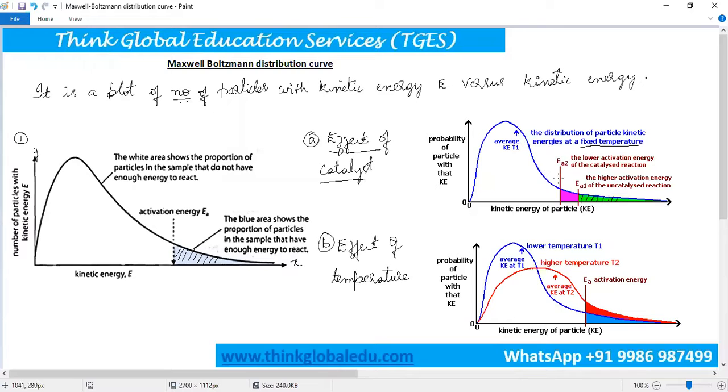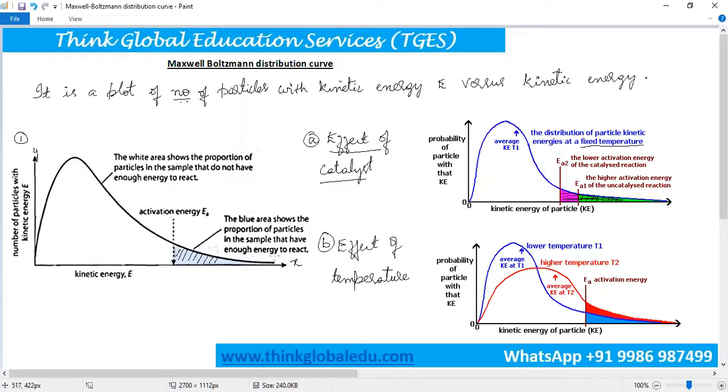But when we add the catalyst to the reaction medium, the catalyst will lower the activation energy, thereby increasing the number of particles that gain the energy to produce the product in a reaction chamber.